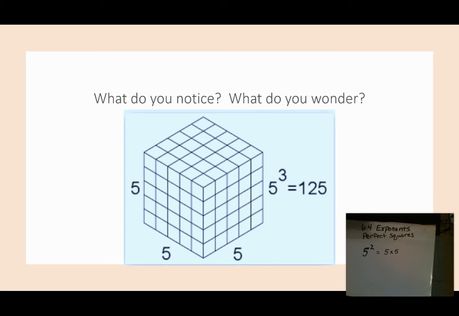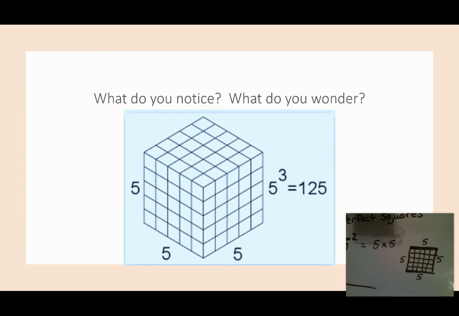The reason why it's squared is because a square has the same length. So a square has, if this is 5, then this is 5, and this is 5, and this is 5. And if this were 5 squares down and this were 5 squares across, there are 25 squares.